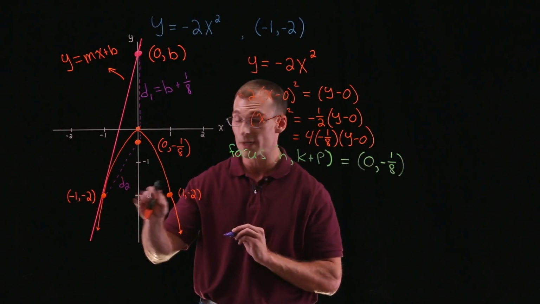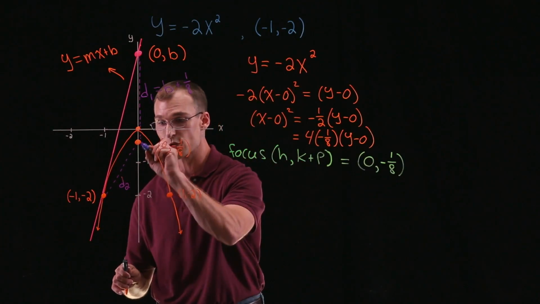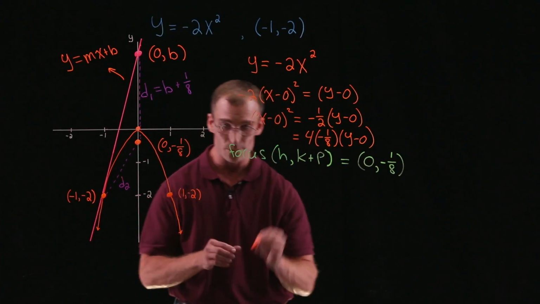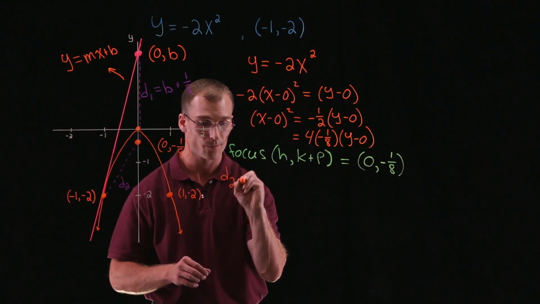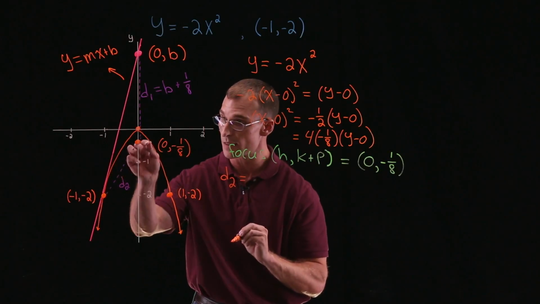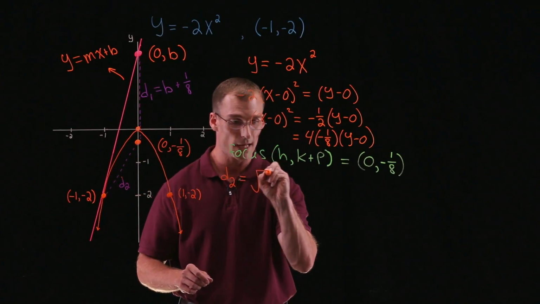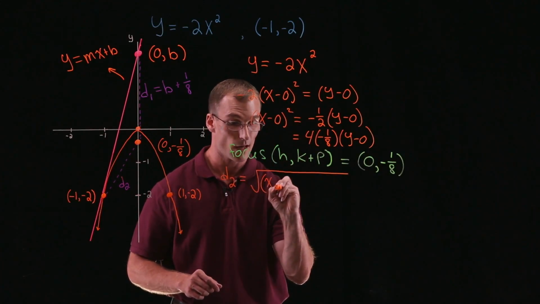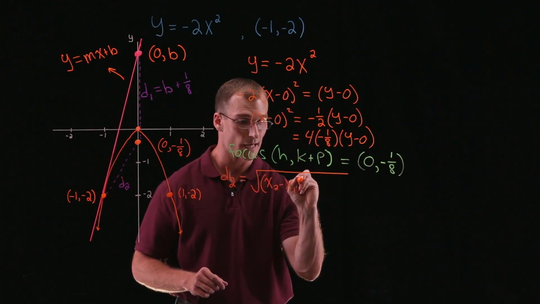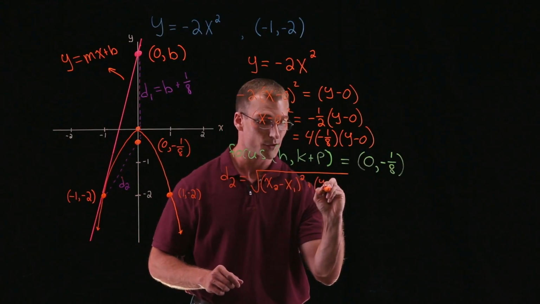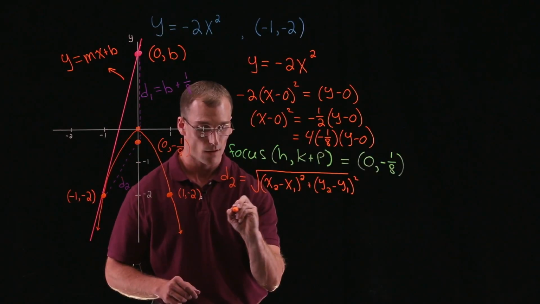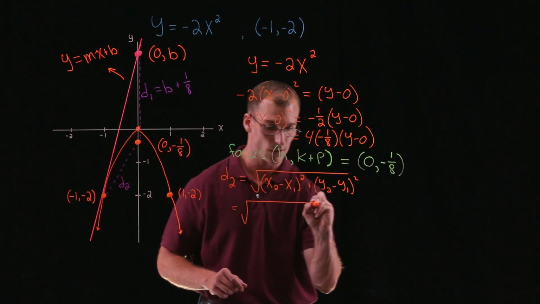Now D2 will be easier to find because that's just a distance between two known points. So D2, right, just the distance between these 2 points, which just from algebra, the distance between 2 points is found by taking x2 minus x1 squared plus y2 minus y1 squared, and so that's going to be equal to the square root.